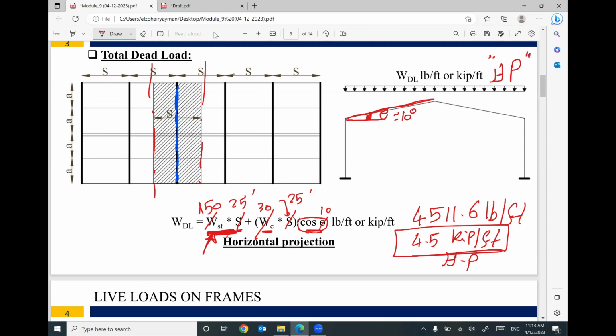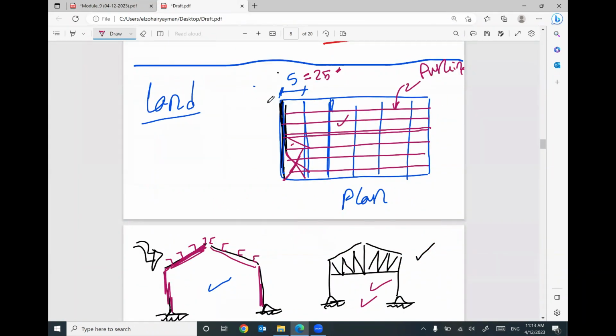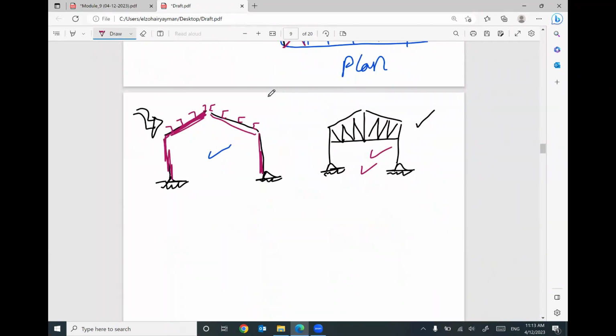Let me explain two points here. The first point: does anybody remember that in the truss, we said the dead load equals W structure multiplied by S multiplied by A? A was the spacing between purlins.